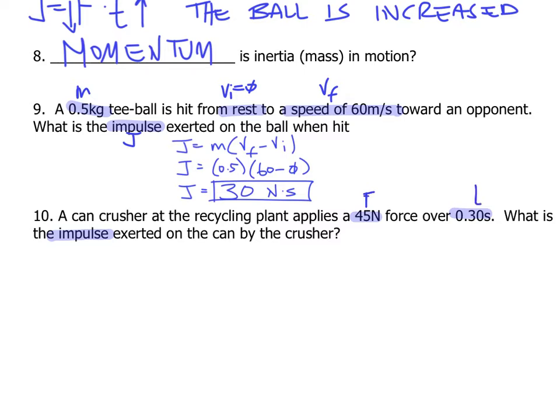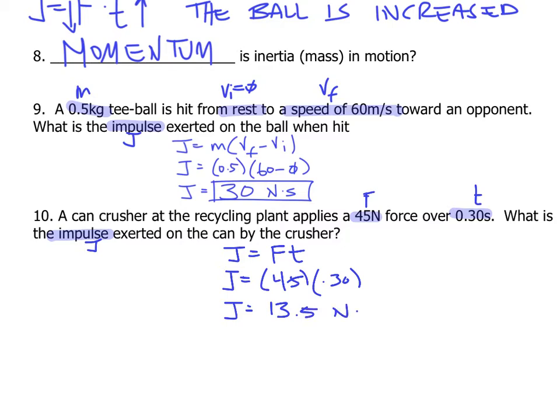I'm looking at time, and I want to solve for J. So if I'm solving for J and I've got force and time, my impulse equation is force times time. So if I have a force of 45 and a time of 0.30, when I multiply those two together, I get 13.5 newtons times seconds.